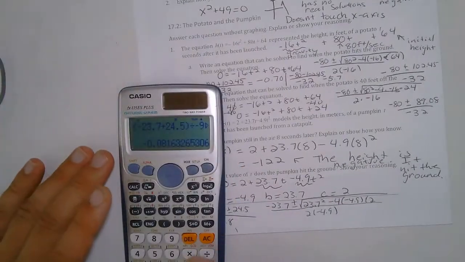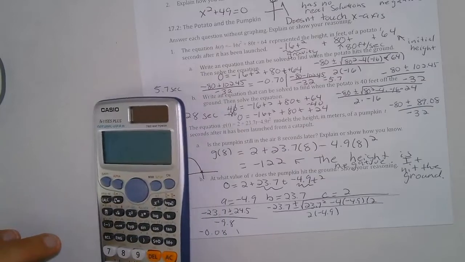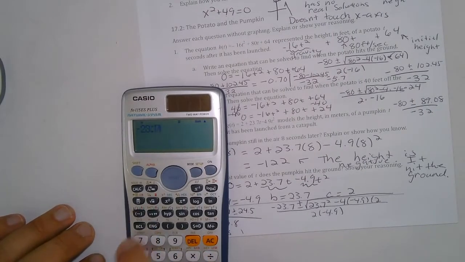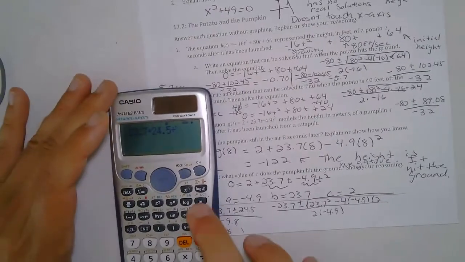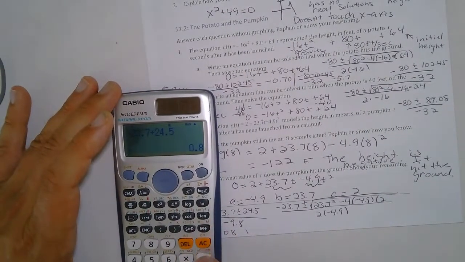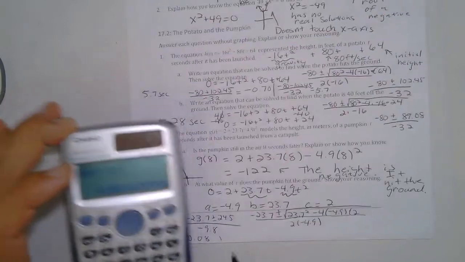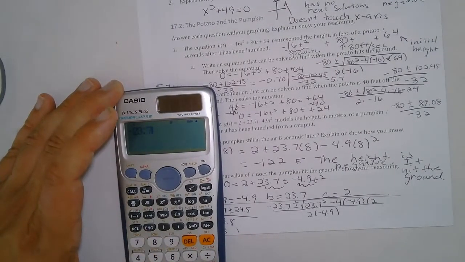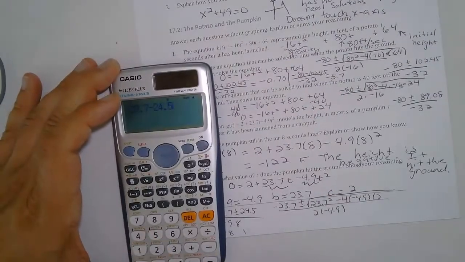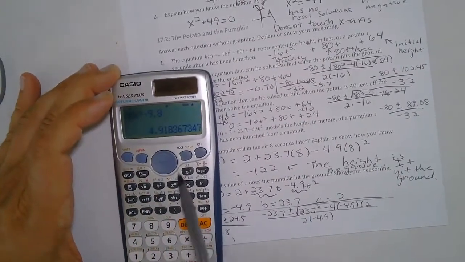Then we do the same thing for the other answer. I'm sorry, I added when I should have subtracted here. So let's do that again: negative 23.7 minus 24.5, and then divided by negative 9.8, and that is 4.92.